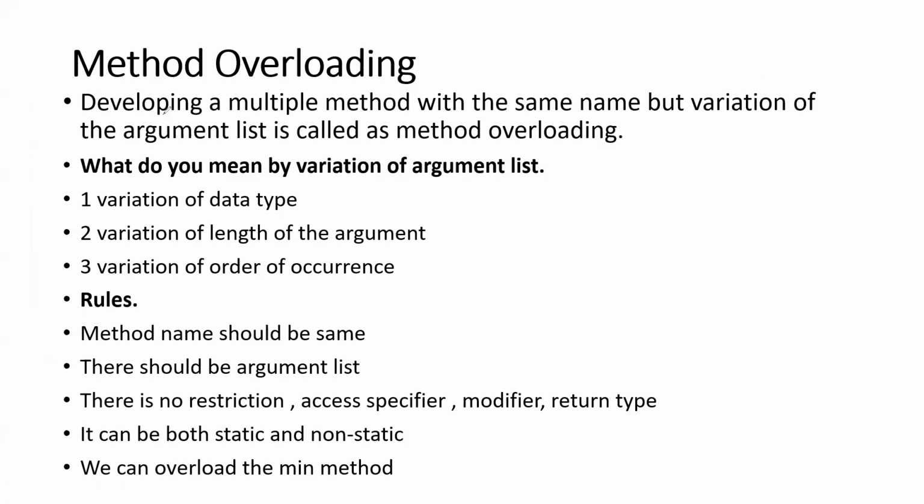Developing multiple methods with the same name, but with a variation of the argument list, is called method overloading.